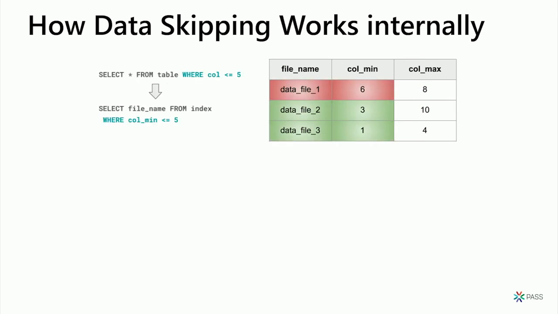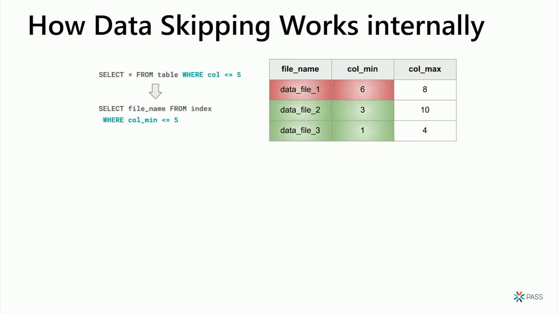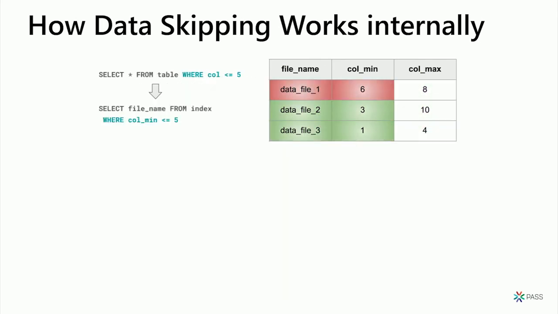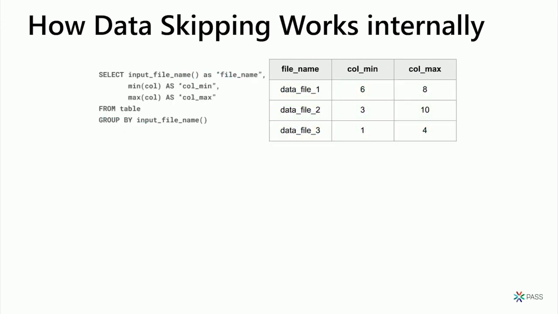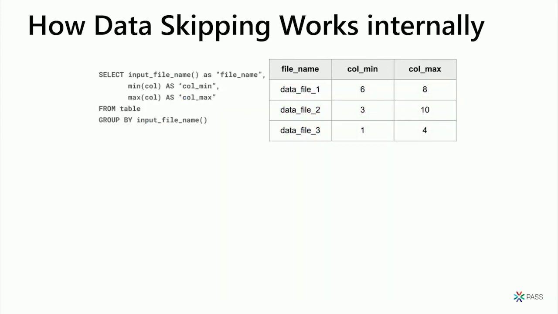And when it's doing that, it figures out where it needs to go look. And you can see I've got a little color-coded thing here. If I've got a value less than 5, since it's got the min-max values internally, and this is obviously an internal process, then it knows where it needs to go look to find the data. So it really improves the access of your files over time.